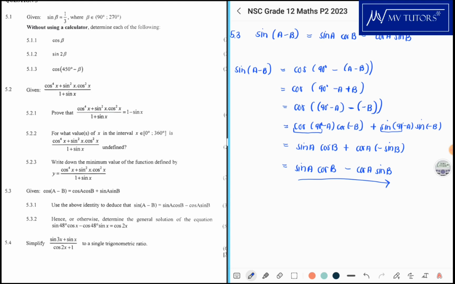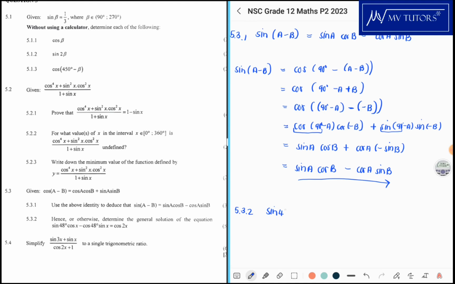And now that's 5.3.1. Now we can go to 5.3.2. It says, hence or otherwise, determine the general solution of the equation sine 48 cos x minus cos 48 sine x is equal to cos 2x. Let's just write it down.